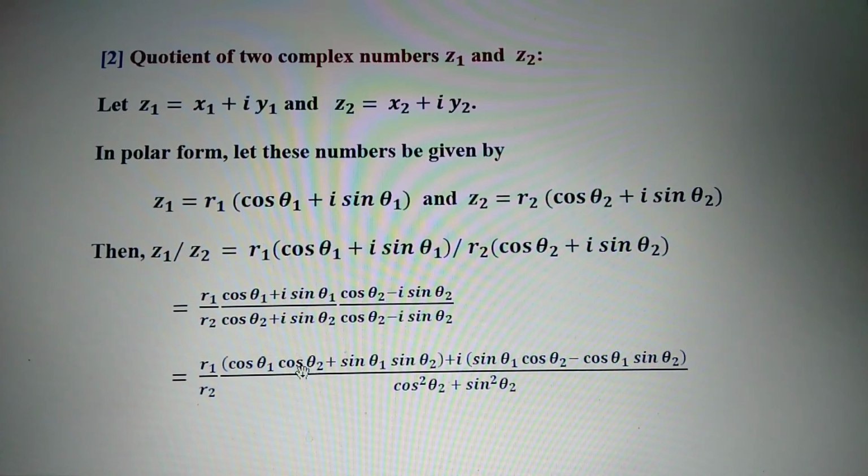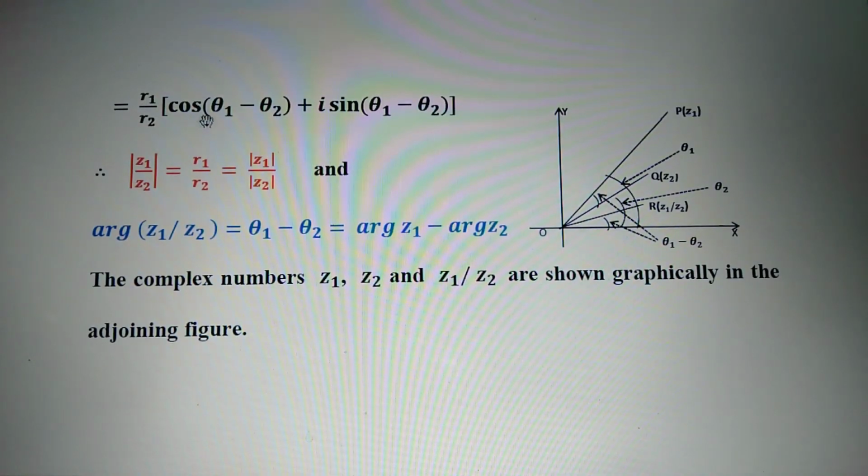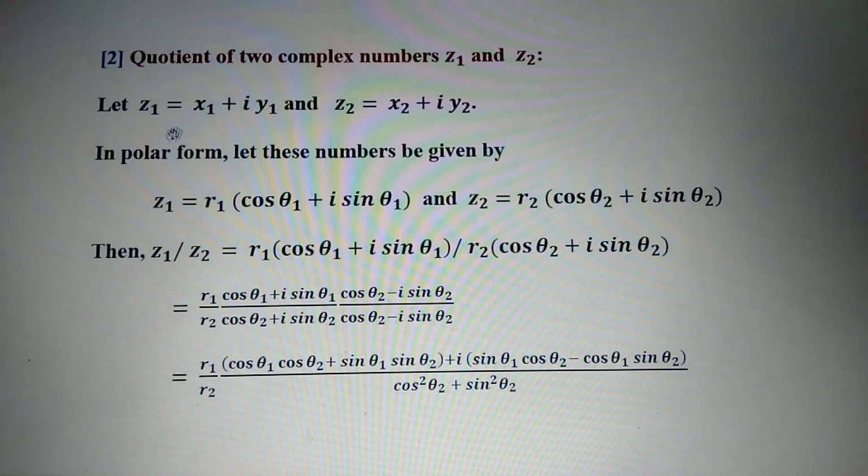So we have cos (theta 1 minus theta 2) plus i sin (theta 1 minus theta 2), which is again a complex number, meaning this Z1 by Z2 is a complex number. So the quotient of two complex numbers is again a complex number, and earlier we have seen that the product of two complex numbers is also a complex number.